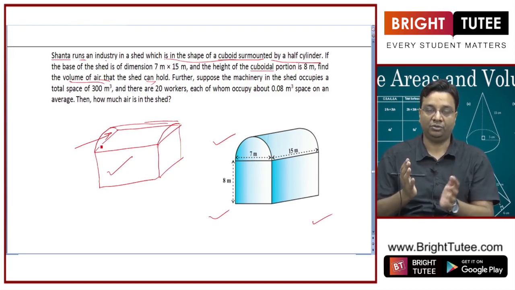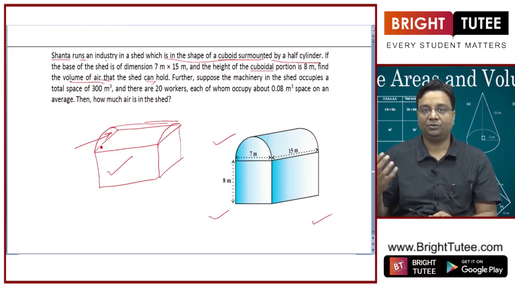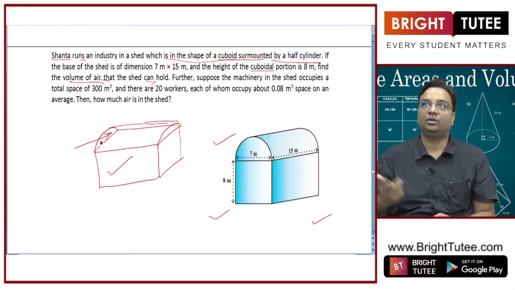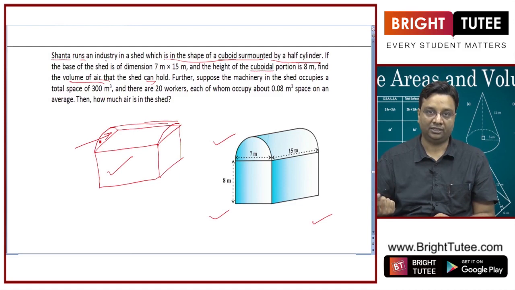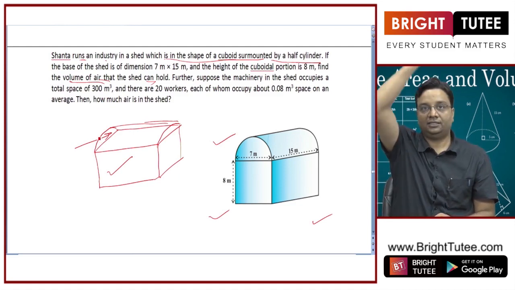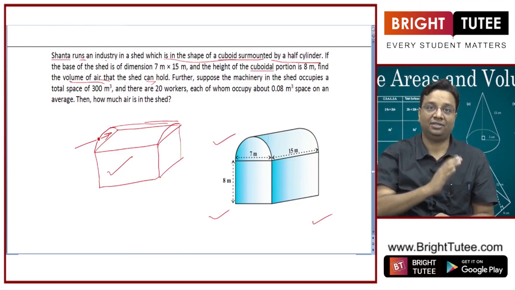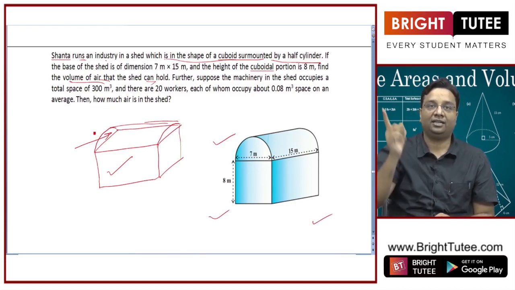If I talk about this room here, it is of cuboidal shape. If you ask me what is the volume of air that this room can hold, I will calculate the volume of this cuboid. Now there is a shed of cylindrical shape, equal to half of a cylinder. So I need to add that volume.